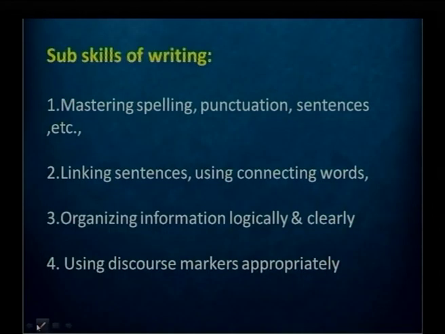And next we have to look into the sub skills of writing. To get our writing to perfection, here we have to look into areas like mastery of spellings, punctuations, sentences. If you want to write any article, you need proper spellings, which means you should be thorough with the mastery over spelling.